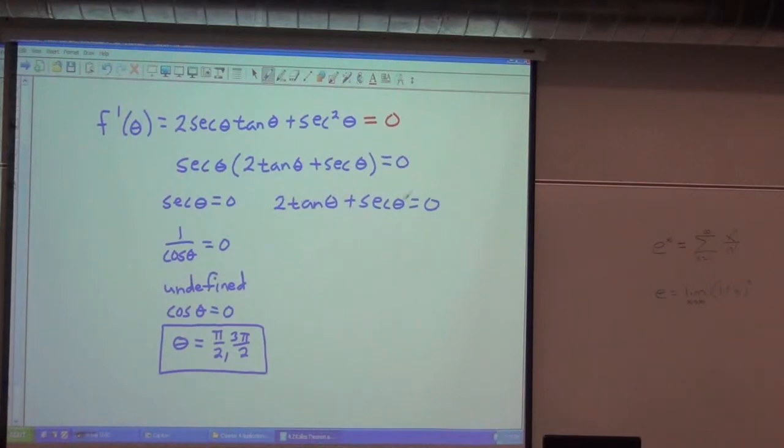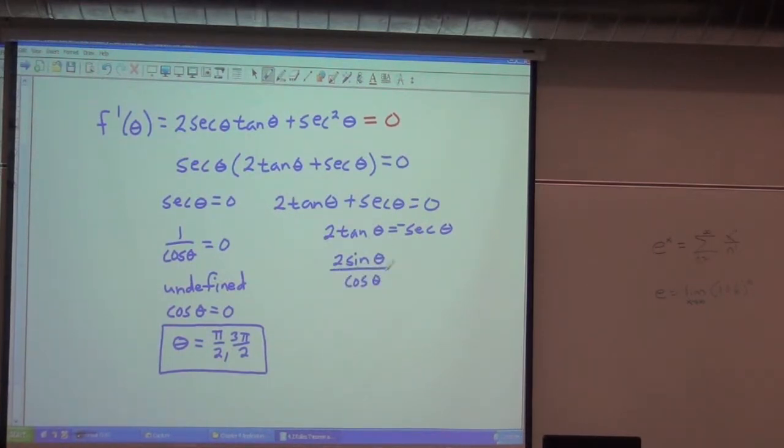Okay, if we go back to this part here, we can take the secant to the other side and get 2 tangent of theta equals negative secant of theta. I'm thinking about how to solve it. Something you always want to do when you're not sure what to do is break it down to sine and cosine.